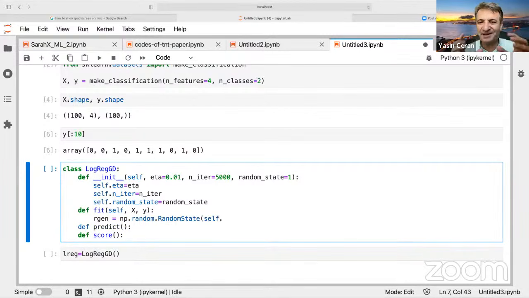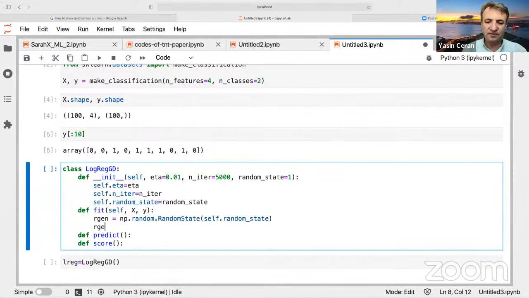This part is not very critical. I'm just using this so that all of us are going to use the same random numbers. So my random number generator is set to the random state that I set here, which is 1.